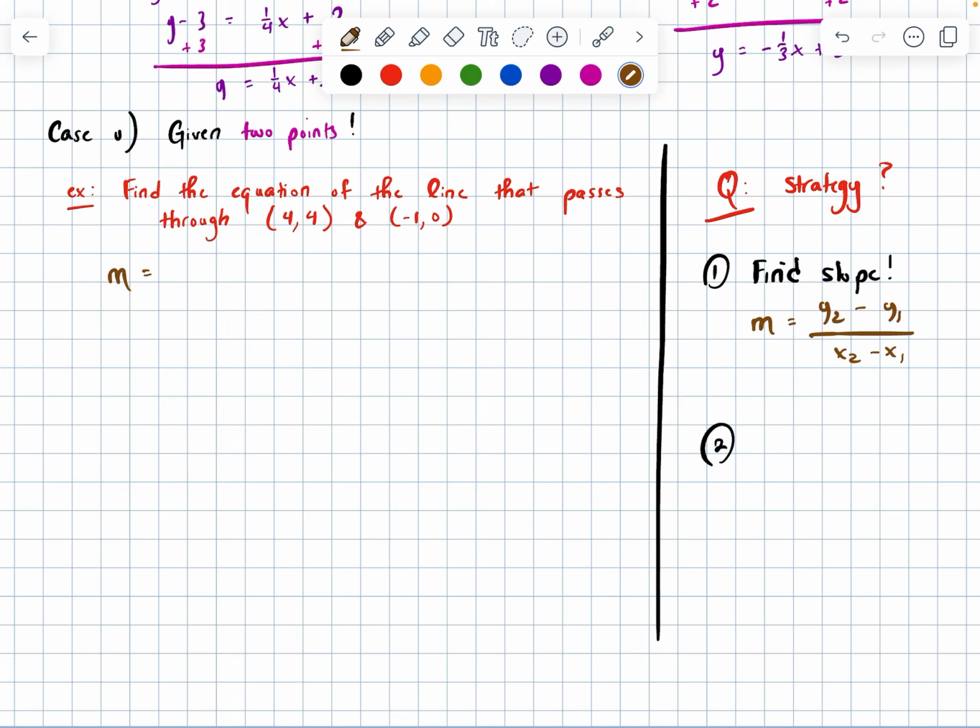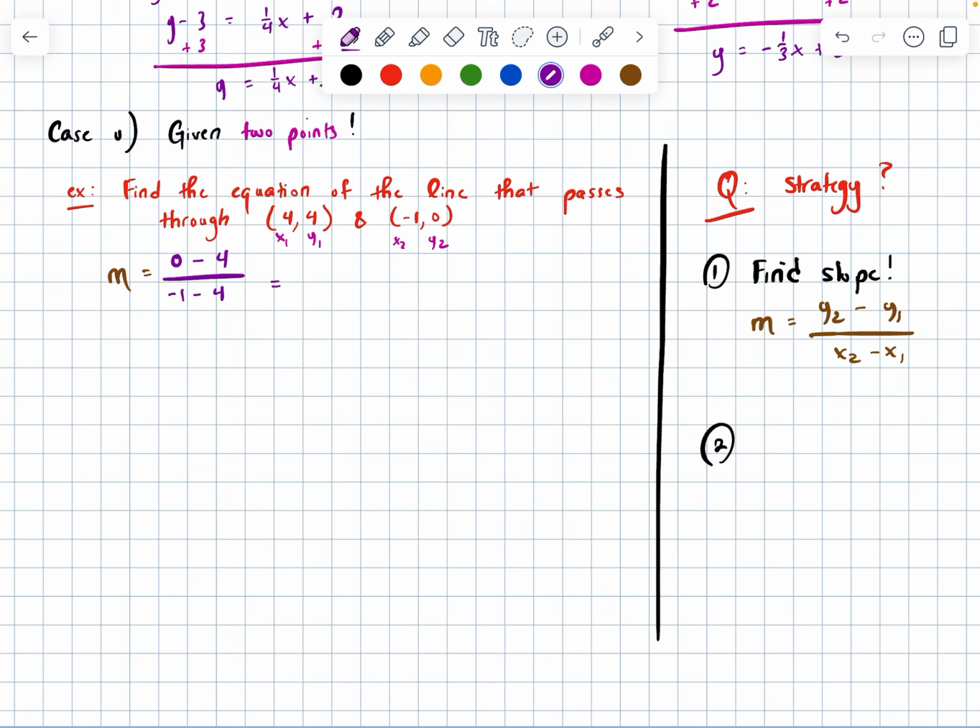So here, I know that 4 comma 4, maybe I'll choose to label this as my x1 and my y1. Maybe I'll make my negative 1, 0, my x2 and my y2. Again, it doesn't matter which one is which, but plugging everything into place, I know y2 minus y1. So here that would be 0 minus 4 over x2, which is negative 1, minus x1, which is 4.